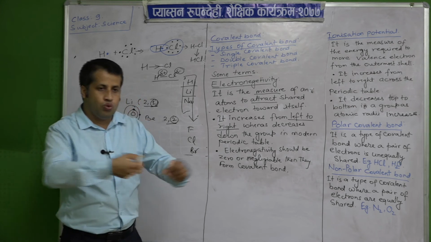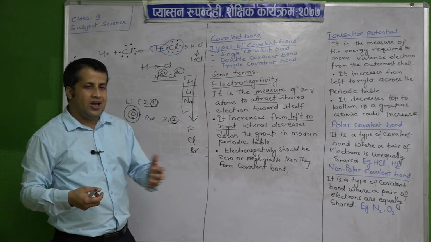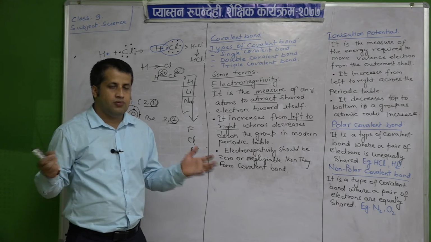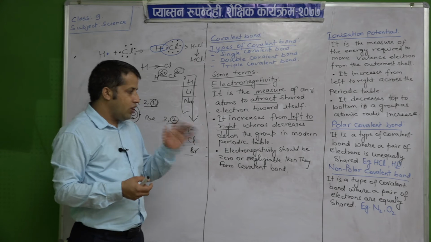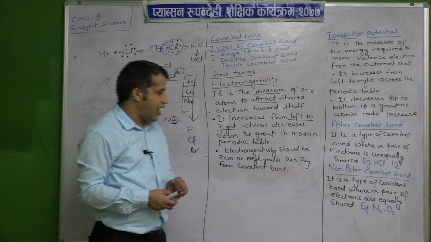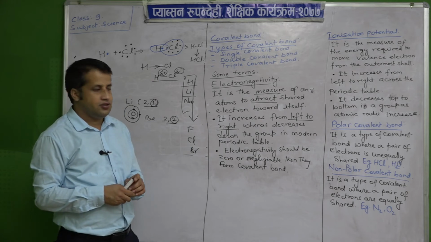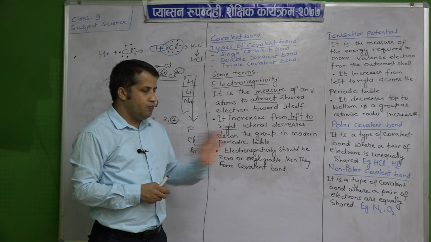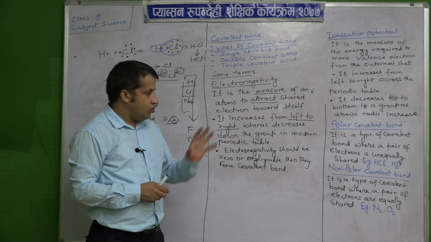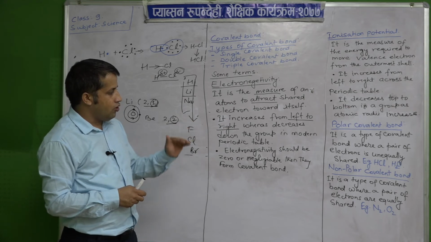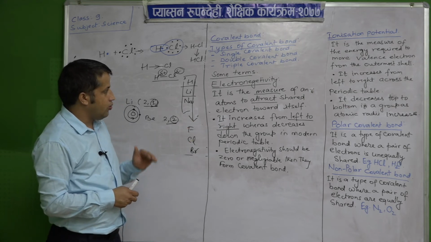There will not be pulling of electrons by one atom towards itself more than the other; it will be equal. So when a covalent bond is formed when a pair of electrons is equally shared, it is known as a non-polar covalent bond. Here we have discussed the polar covalent bond and the non-polar covalent bond.